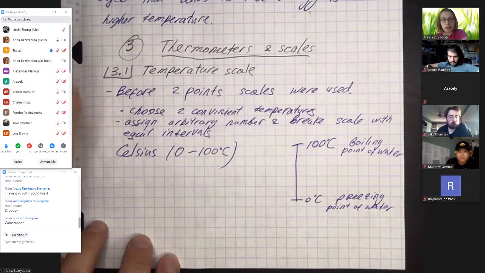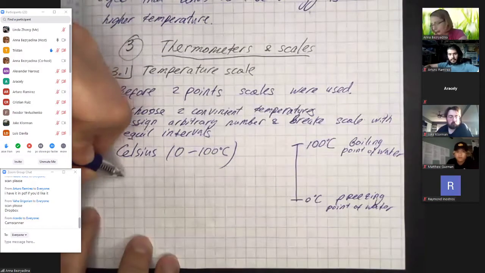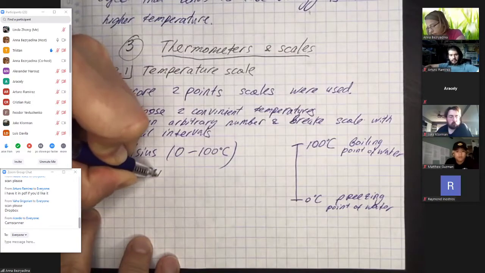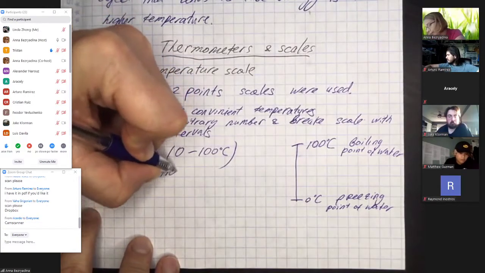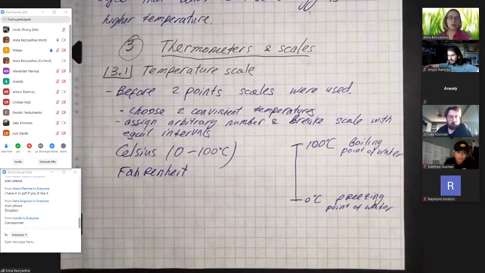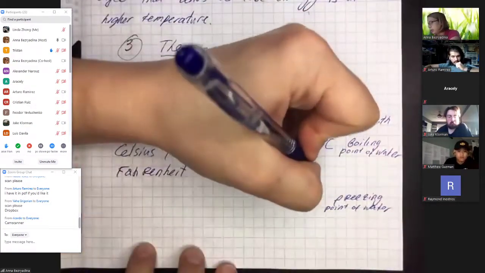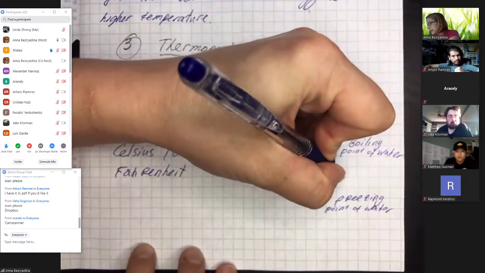And then in the United States, we use Fahrenheit. So you all know how they define it now. Here we have 100 points for Celsius.